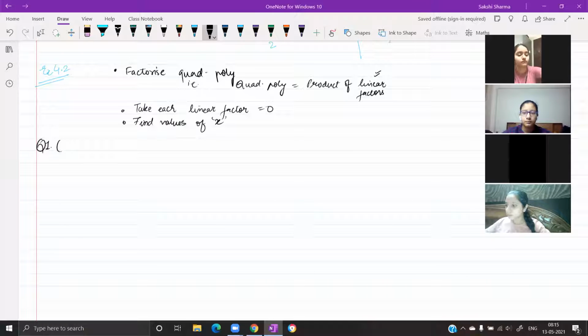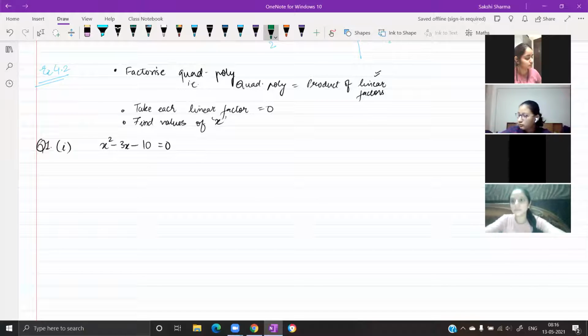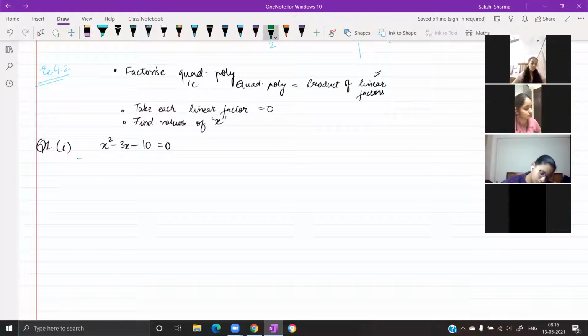Question number 1, first part, x square minus 3x minus 10 equals to 0. Kindly split the middle term.